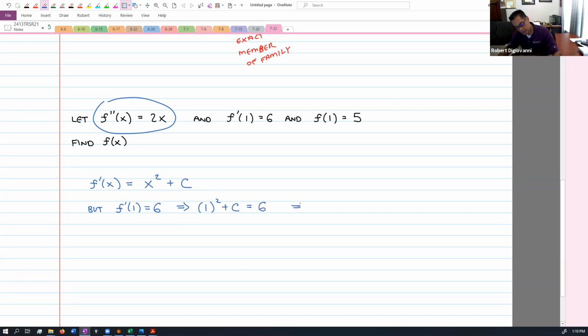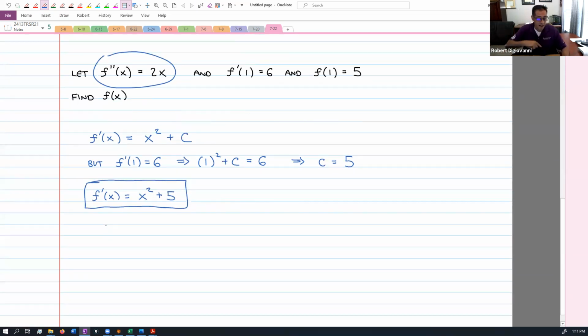But that would mean that C has to be what? 5. Just subtract 1 from both sides, C is 5. So now we actually know it. We know that f prime of x is x squared plus 5. We've got the family member.